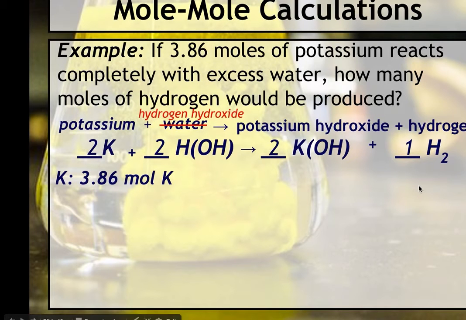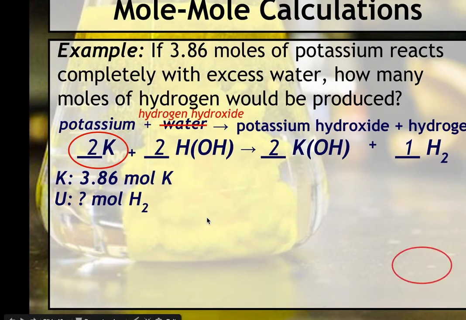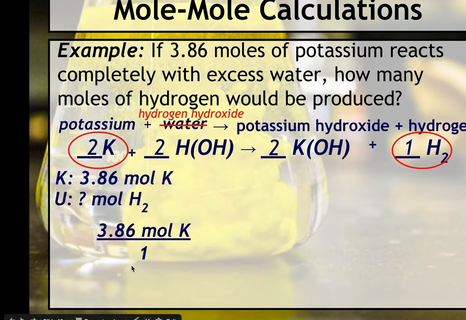Now, I do this with a regular dimensional analysis. I know I have 3.86 moles of potassium. I'm trying to find out how many moles of hydrogen I need. These are the relationships that we need. We need to know how many moles of potassium will produce 1 mole of hydrogen. So there's what we start with, thrown over 1 so it looks pretty. Now, we have to make sure our units cancel out.